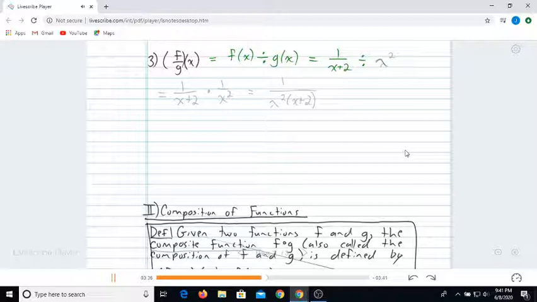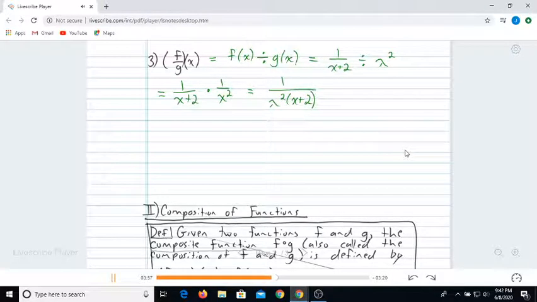So remember, division by fractions. To divide fractions, you multiply by the reciprocal. So division by x squared is the same thing as multiplication by 1 over x squared. And there we have it. So the main thing there is just remembering your fraction rules.